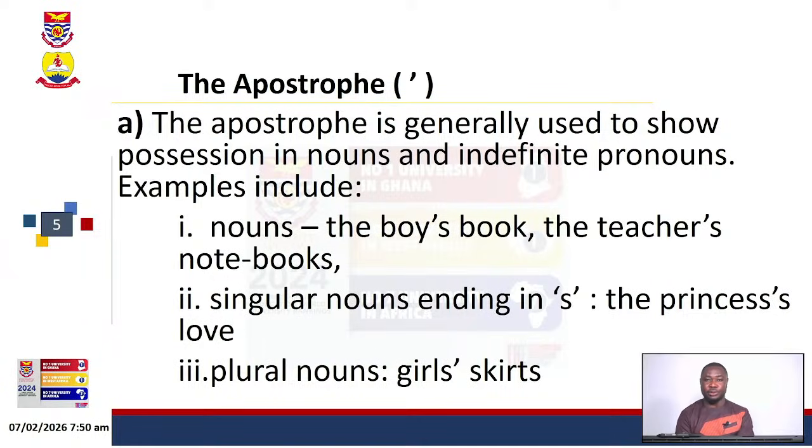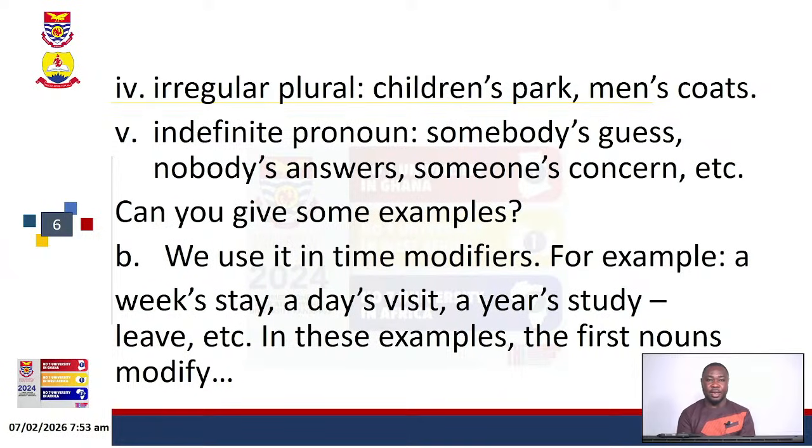So girls' skirts, okay, boys' shoes, okay. These are some examples you can have. Then we can also have nouns that are plural, but they are irregular. Nouns like child, children, okay. So you can have children's park, men's coats, women's fellowship.